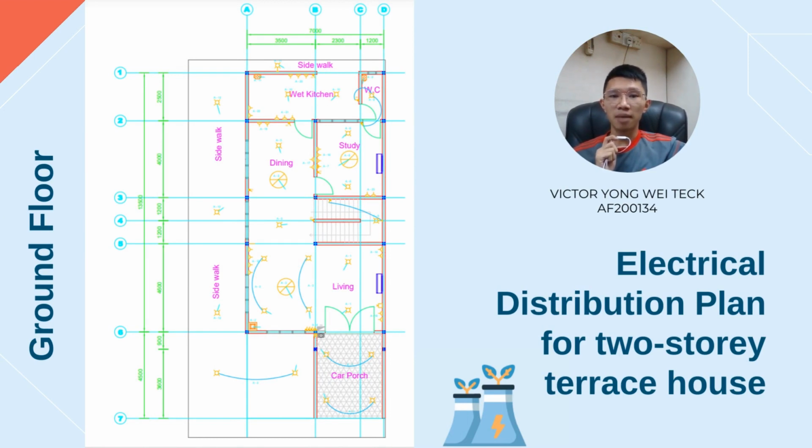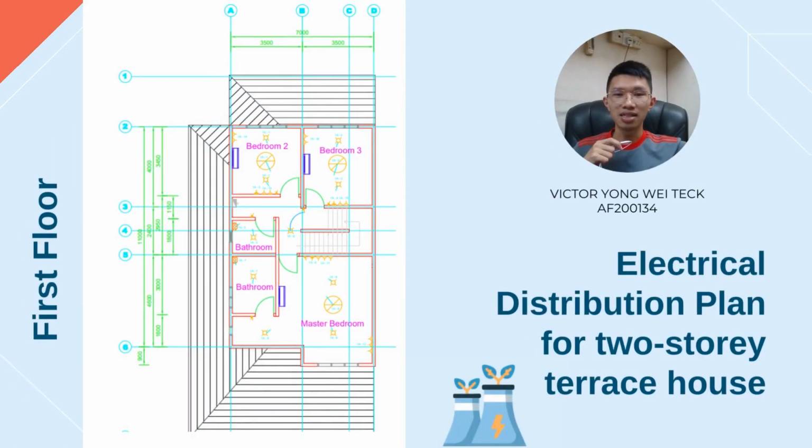There are various symbols that can be found on this plan, such as the wiring network, switch, socket, exhaust fan, and air condition. The selections of air conditioning and exhaust fan are based on the calculations that we did. And the number of sockets that we install in each part of the house is according to the previous research.